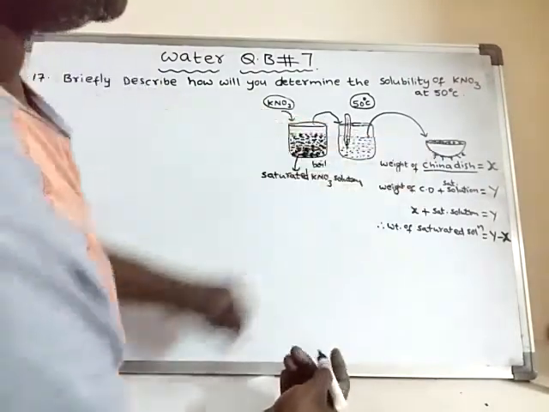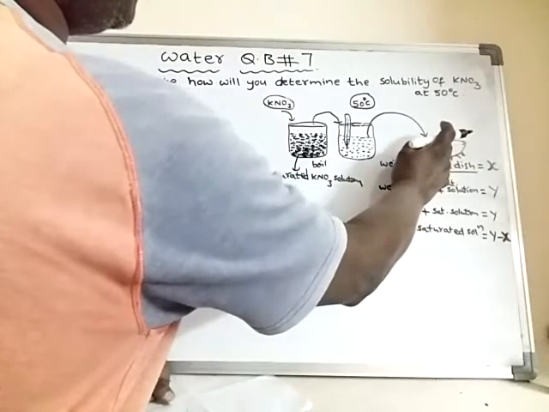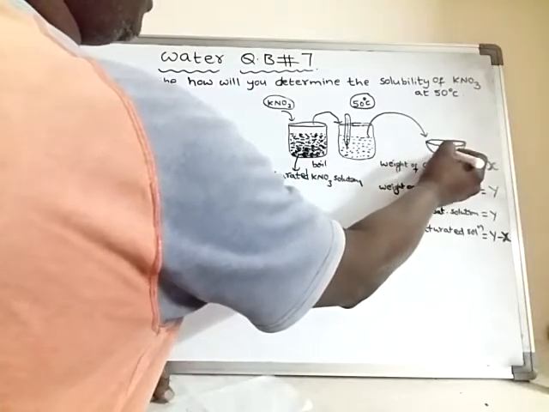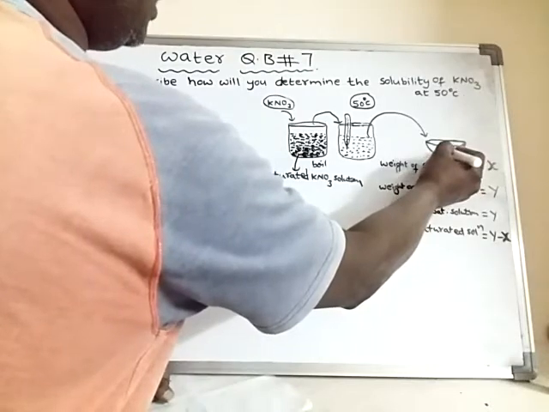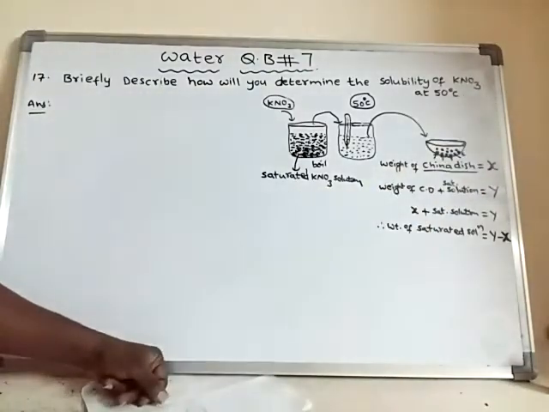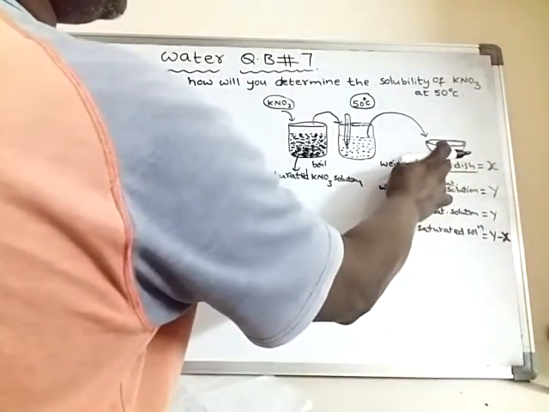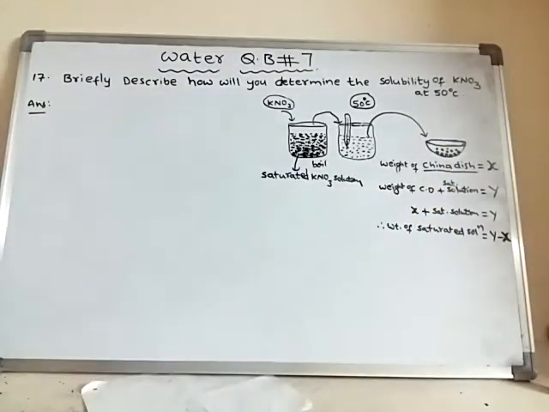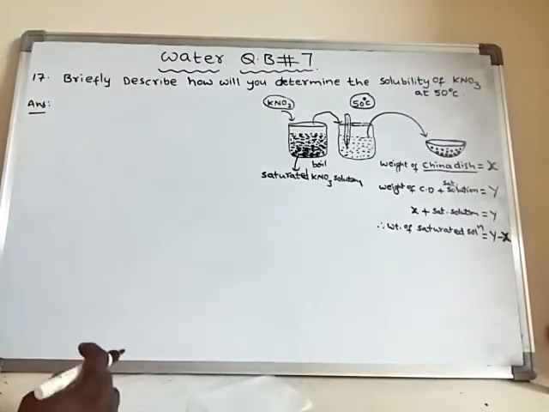Finally, the solution will evaporate, and due to evaporation, crystals of potassium nitrate are left over in the china dish. Let these crystals dry completely.